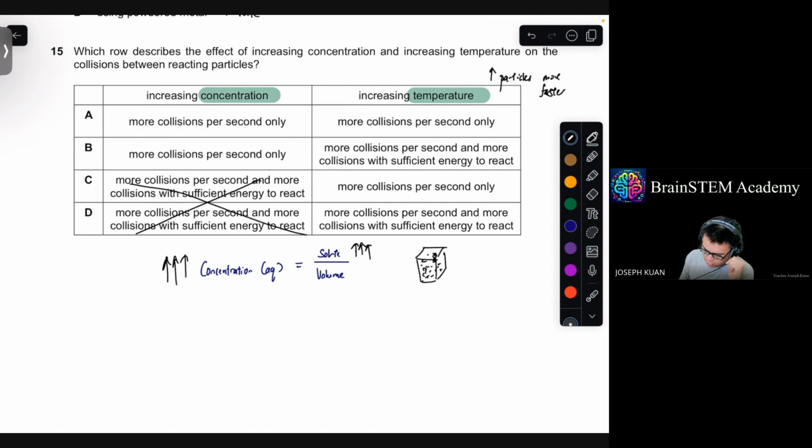So the answer for this question is B. Concentration does not exactly increase the collisions with sufficient energy, and temperature does increase both. So the answer for 15 is B.